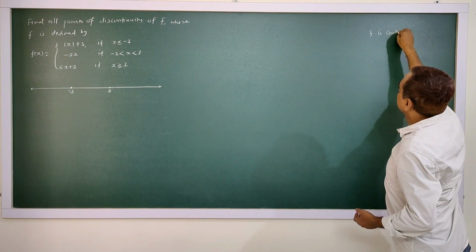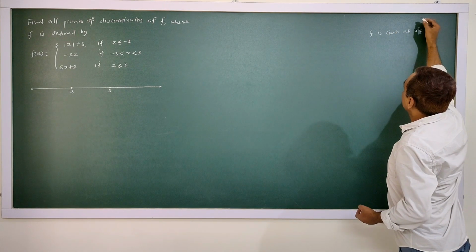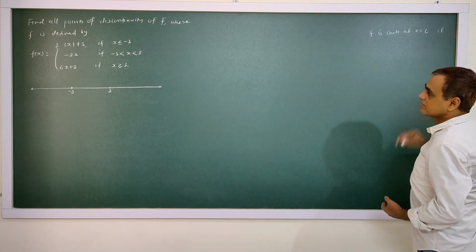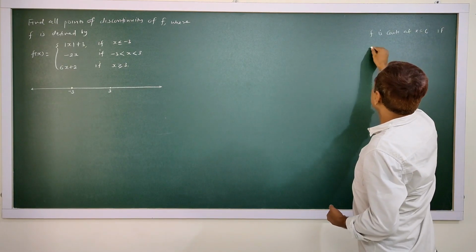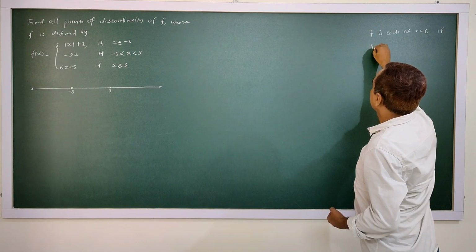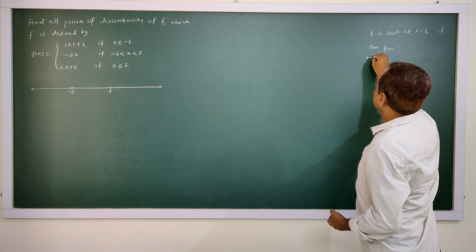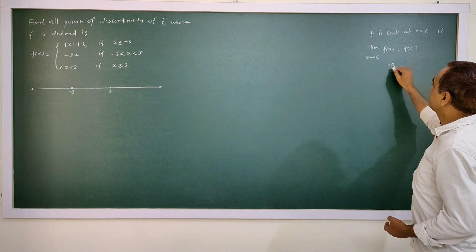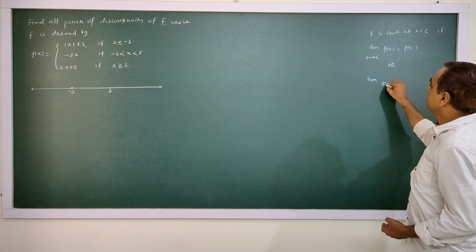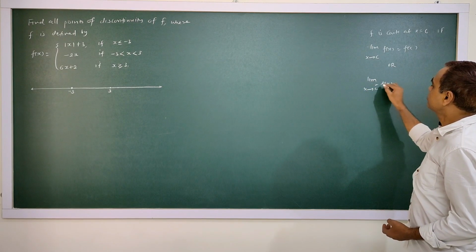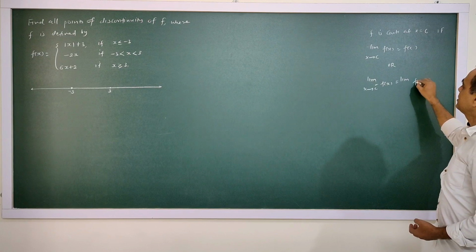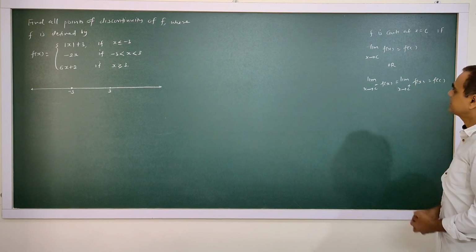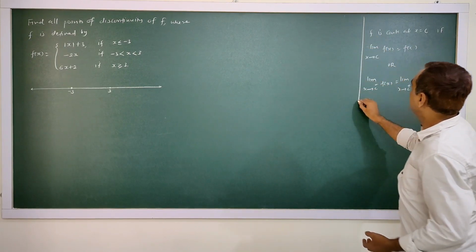F is continuous at x equal to c if the limit of f(x) as x tends to c is f(c). Same statement in a different way: the limit of f(x) as x tends to c from the left, and the limit from the right side, equal f(c). So we are using this definition.